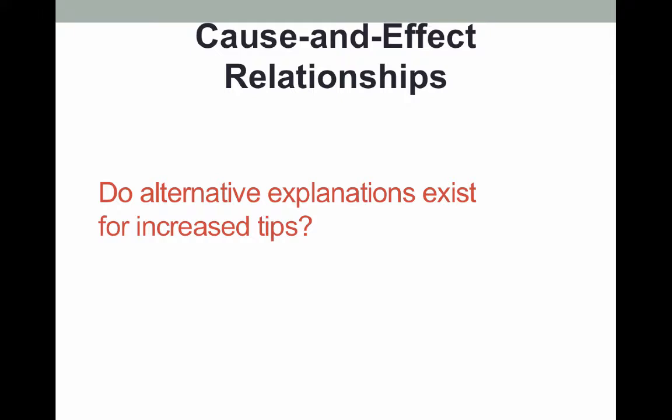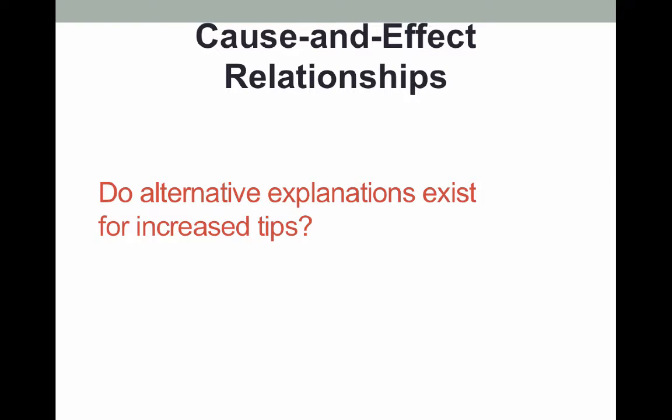Your textbook indicates that there are many alternative explanations for increased tips. We know that some informal experiments can be misleading. Suppose the waiter or waitress notices that when he or she is friendlier, tips get larger. Whether the increased friendliness caused the increase in tips or the customer was feeling more generous that night is not clear.